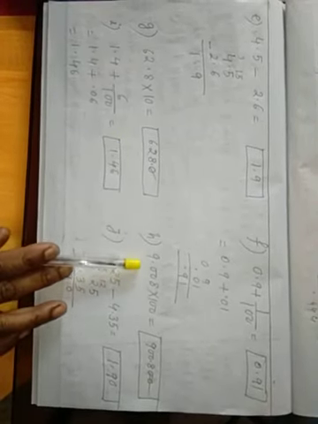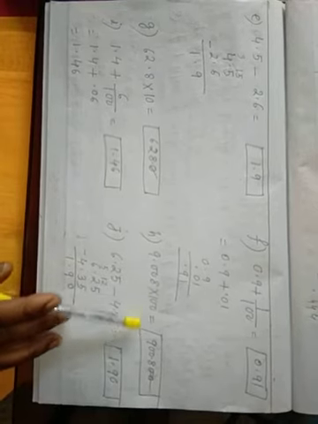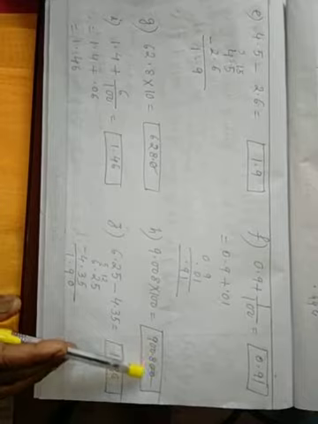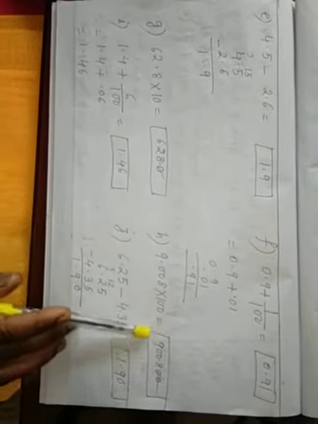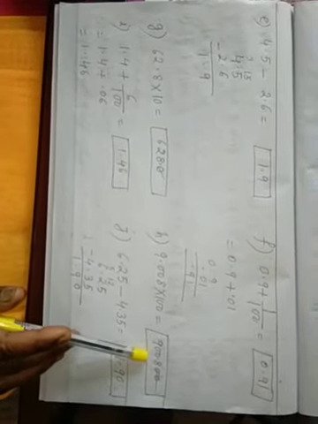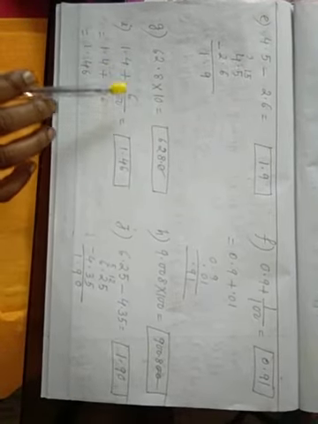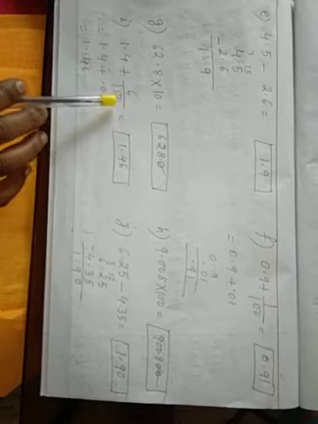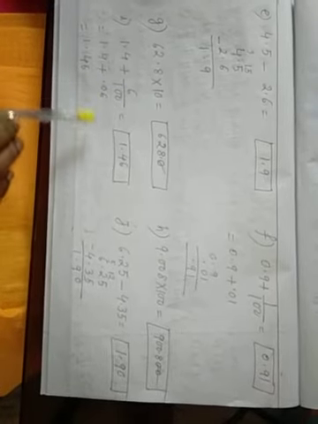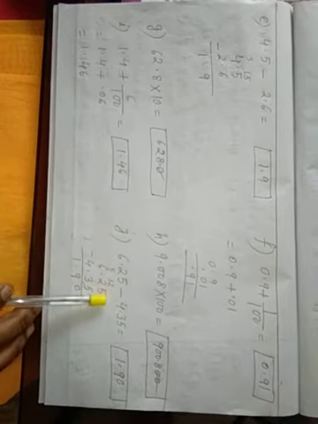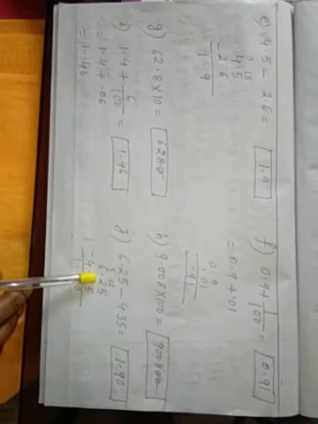H, 9.008 into 100, that is 900.8. Okay. I, 1.4 plus 6 by 100, 6 by 100 means 0.06, that is 1.46.